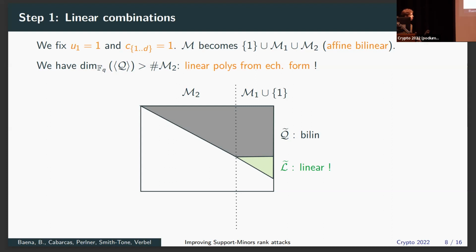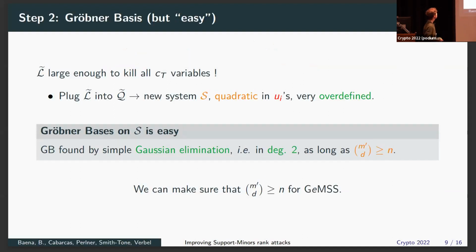In particular, this means that by performing Gaussian elimination, we can generate a smaller system L, which is only made of linear equations. And this is really helpful because several times you have seen that each time you have a linear equation, you can use it to remove some variables in your initial system. Here it's even more advantageous because we analyze the shape of such a system L, and we have plenty of equations.